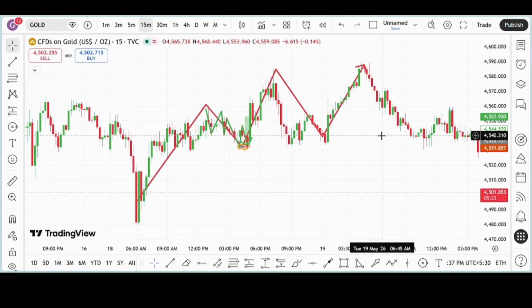Now understand this important concept carefully. Market often moves from internal liquidity to external liquidity. This means the market may first manipulate inside the range and collect smaller liquidity, and then expand towards bigger external liquidity targets. Now let's understand this with a simple chart example.